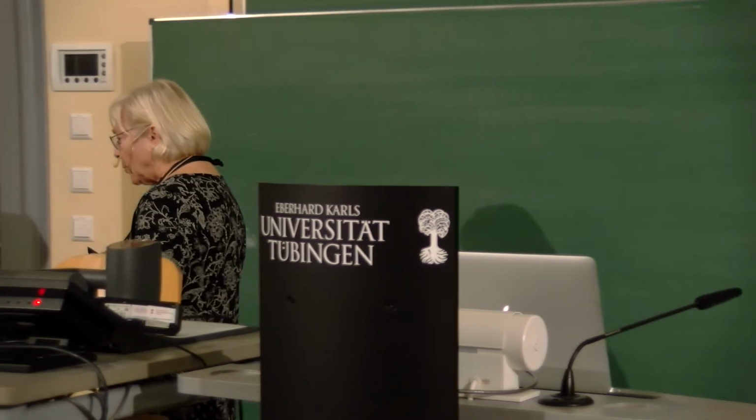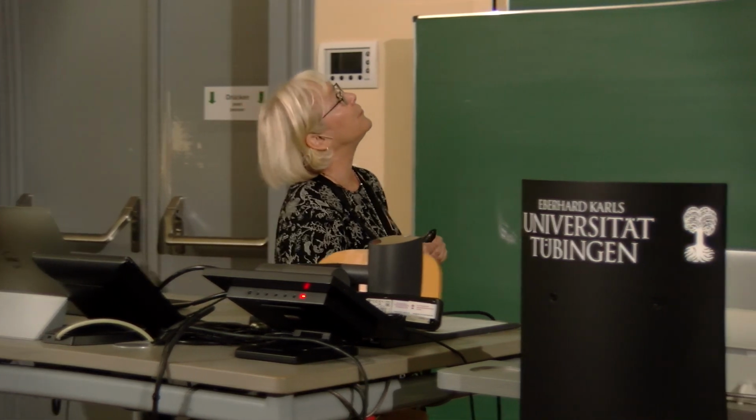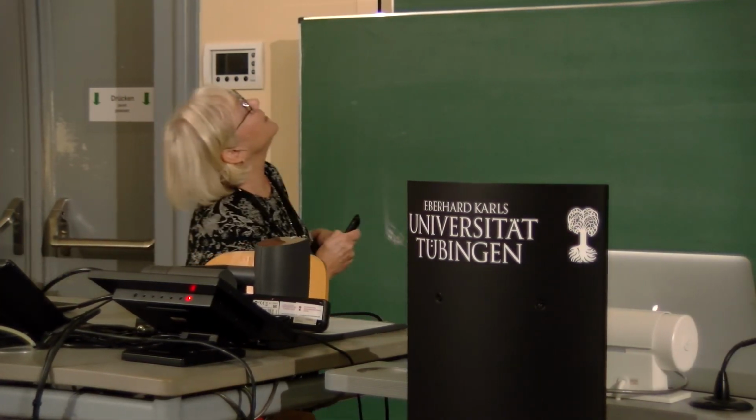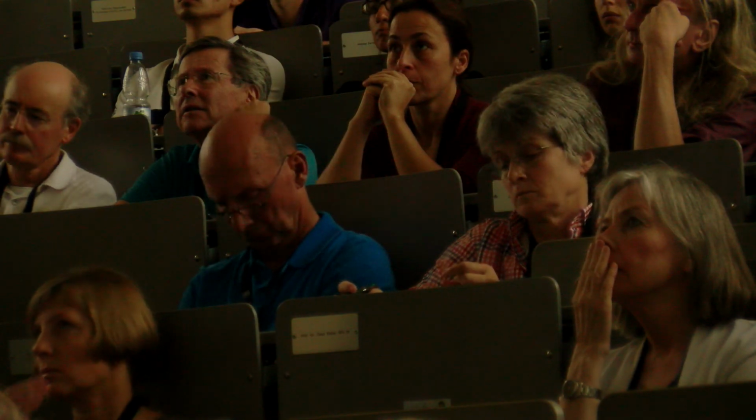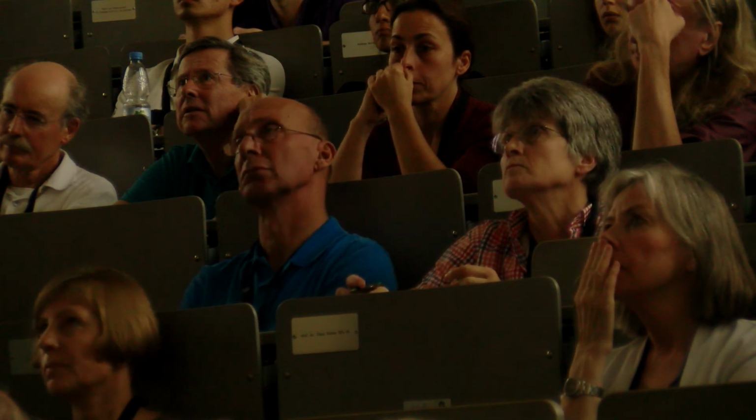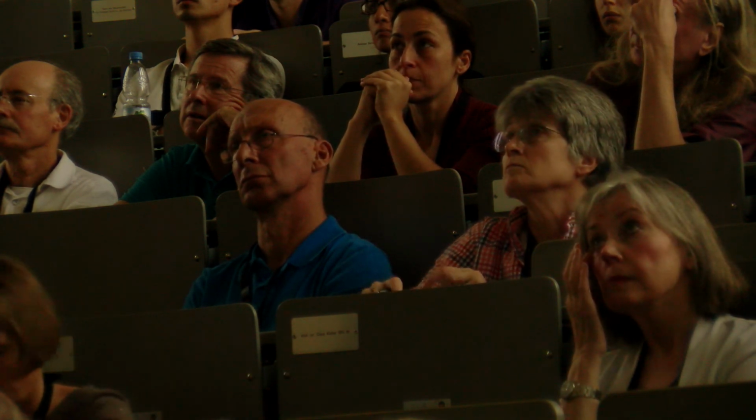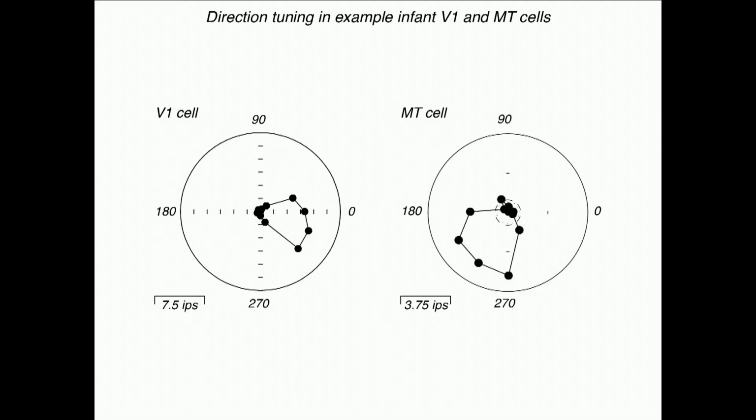So what about direction selectivity? I told you that direction selectivity in V1 largely doesn't change very much with age. These are polar plots showing direction selectivity in individual cells from 1-week-olds, and this is a V1 cell, and over here is an MT cell.